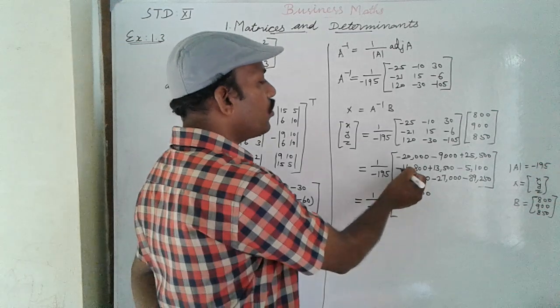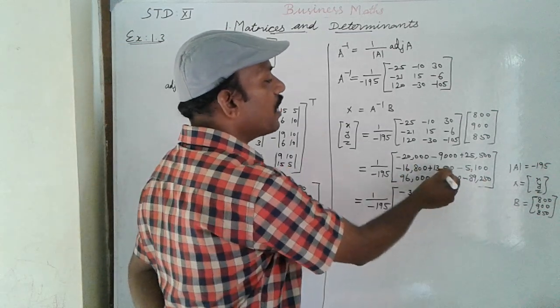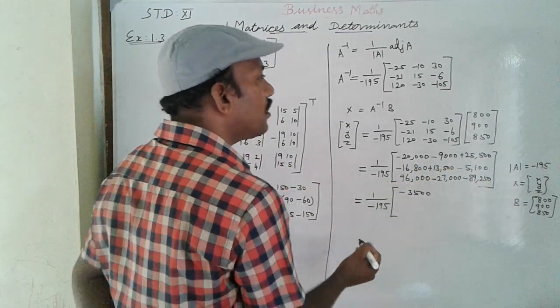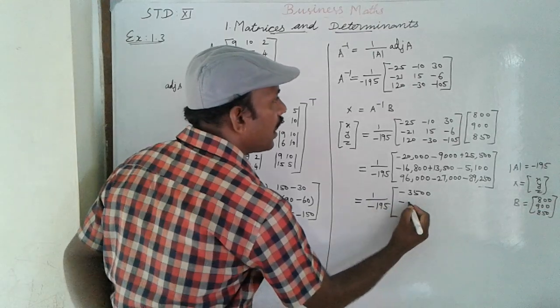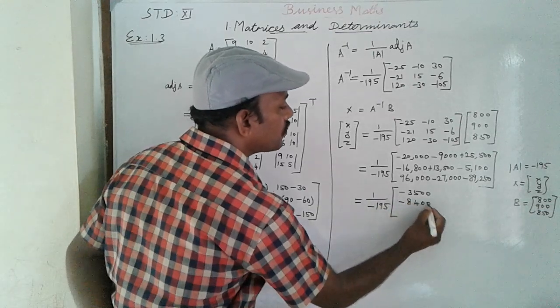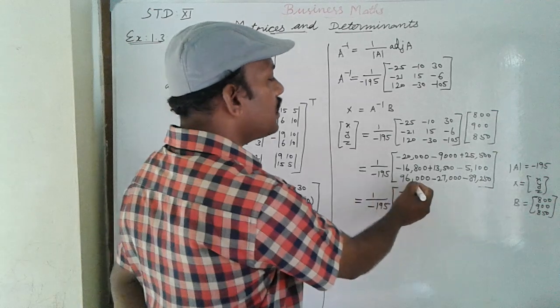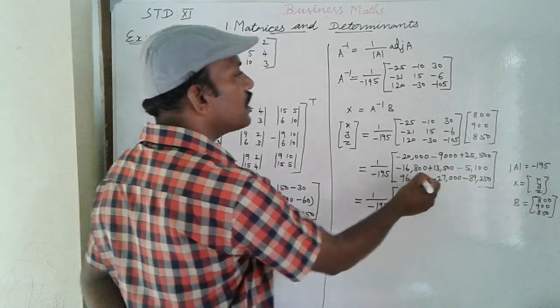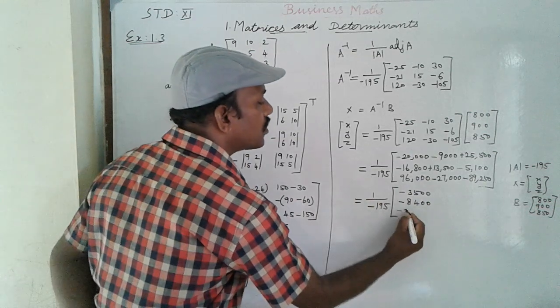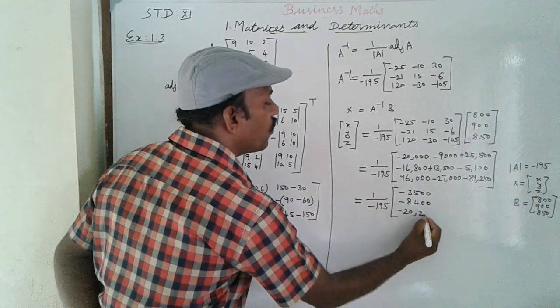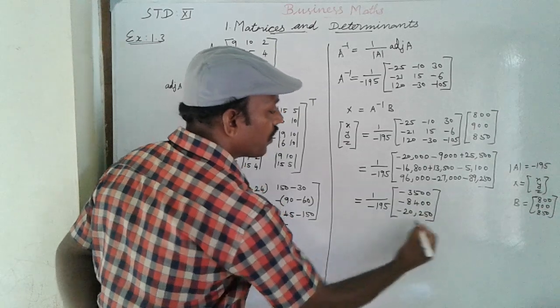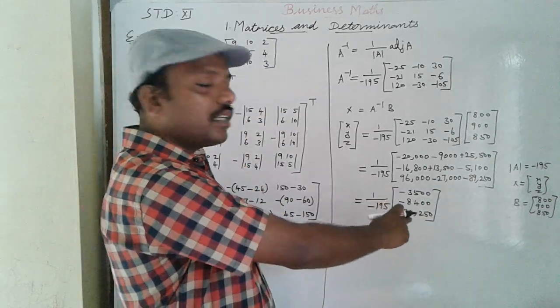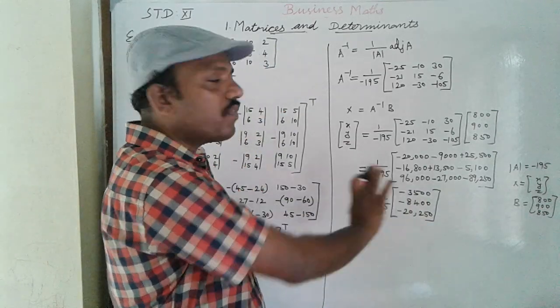Next, negative values we should add and subtract from 13,500 is minus 8,400. Next 96,000, negative values we add and subtract from 96,000 is minus 20,250. So we get these values.